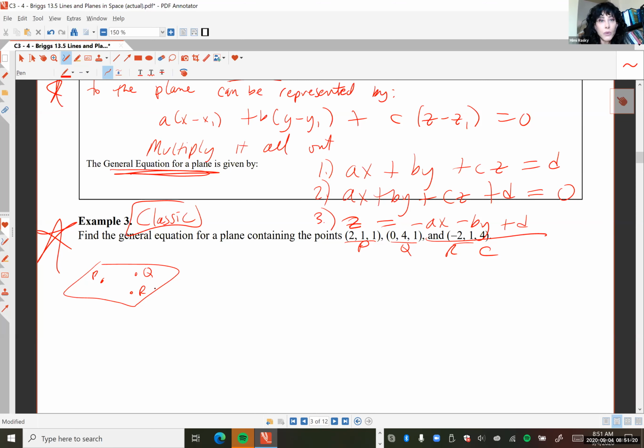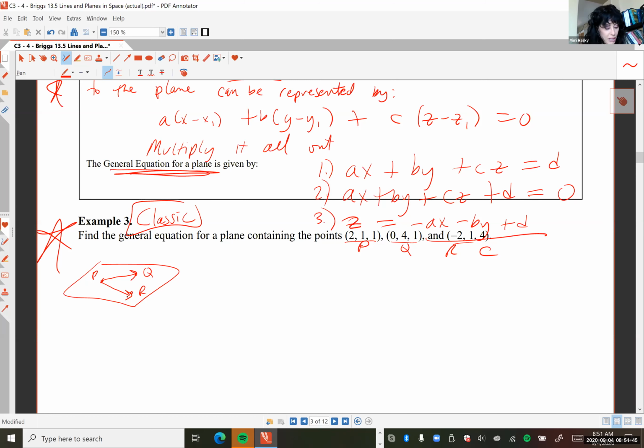So let me walk you through the strategy, the game plan, and then we'll do the game plan. Step 1 is to form a couple of vectors, and it's up to you. I'm going to do PQ and PR, but you could, if you wanted to, do PQ and QR. It doesn't matter to me. But out of those 3 points, construct 2 vectors.